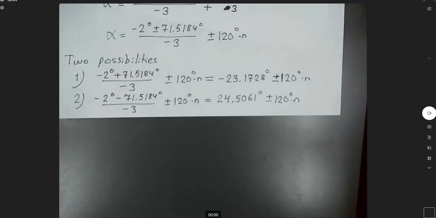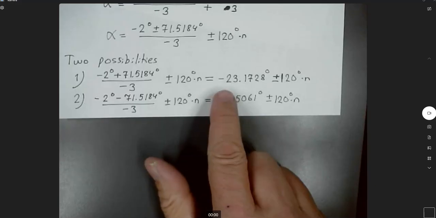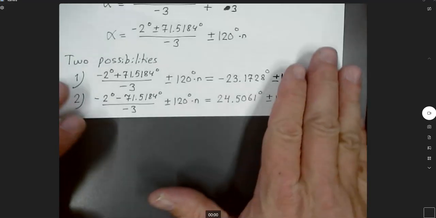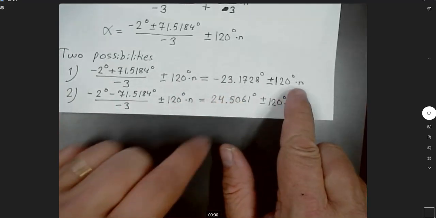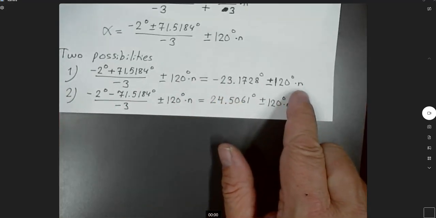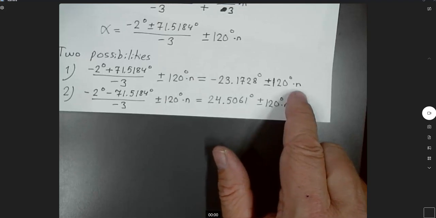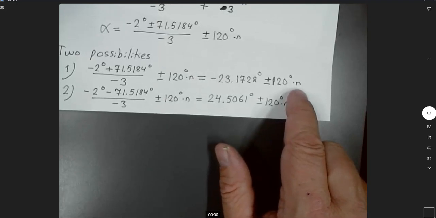Let's check if this actually is the answer of that equation. I will just take those negative values, those first values there. I will choose the value for n to be 0.